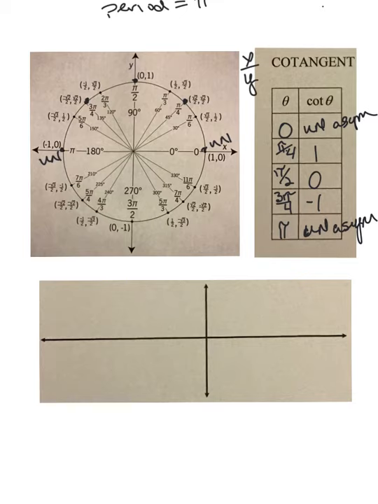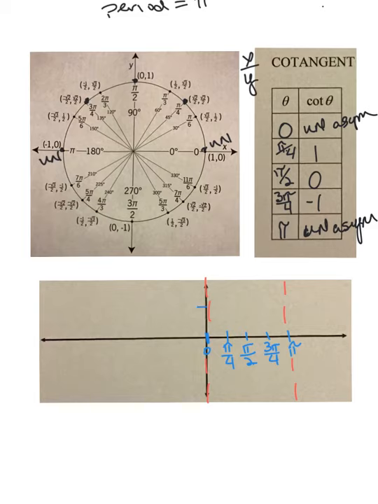What is different is that our first mark is at 0 this time, and that will be an asymptote. And then we have pi over 4, pi over 2, 3 pi over 4, and pi, which is also an asymptote.